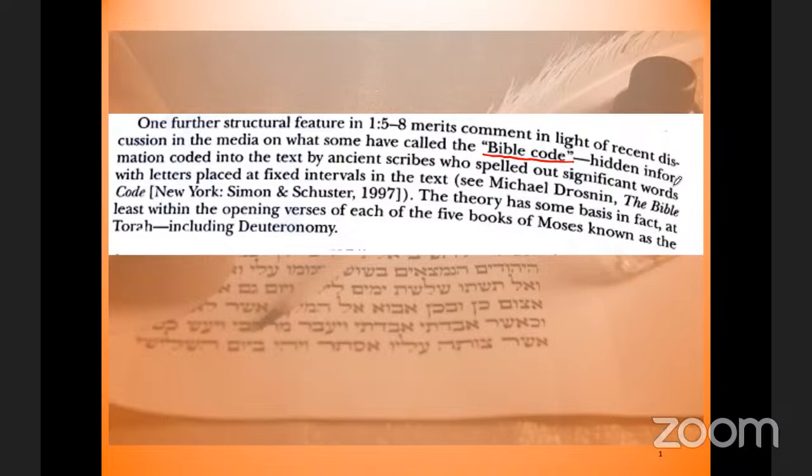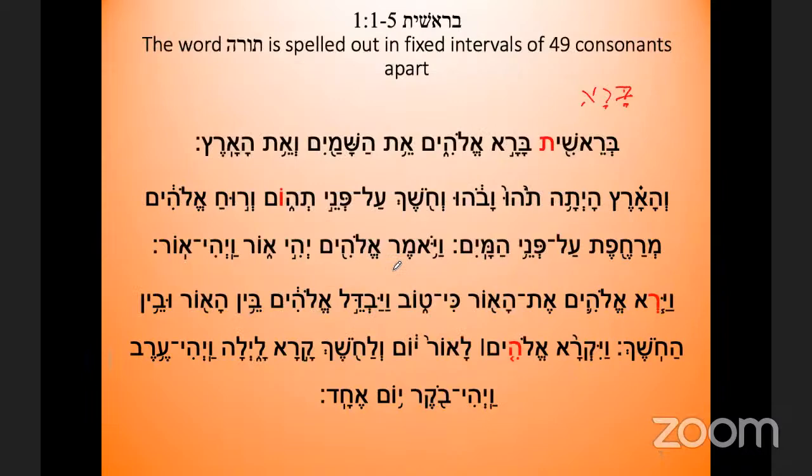So anyway, Bible codes: hidden information with letters placed in fixed intervals in the text. So the theory has some basis in fact, at least within the opening verses of each of the 5 books of Moshe or the Torah, which includes the book of Devarim. So here we have in the book of Bereshit or Genesis, the word Torah spelled out in fixed intervals of 49 consonants apart.